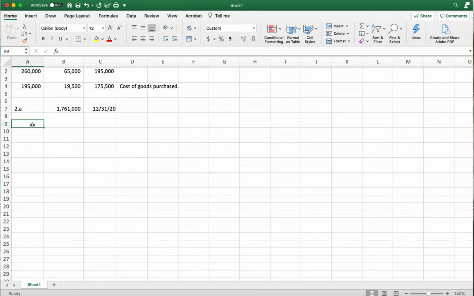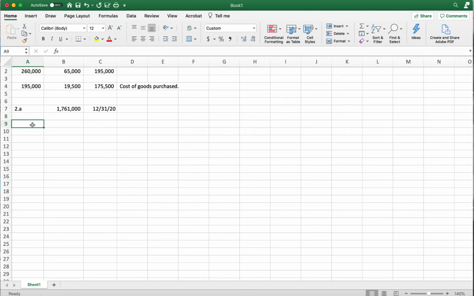All right. So A says that goods shipped from a vendor, FOB shipping point. Right off the bat, we need to identify who we are in this transaction. Are we buying or are we selling? It says goods shipped from a vendor, FOB shipping point, on December 28, 2020 at an invoice cost of $85,500 to Pine Company.